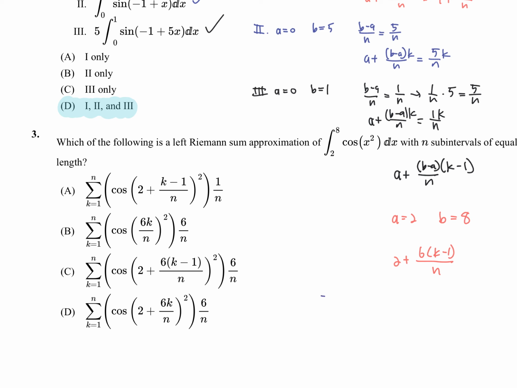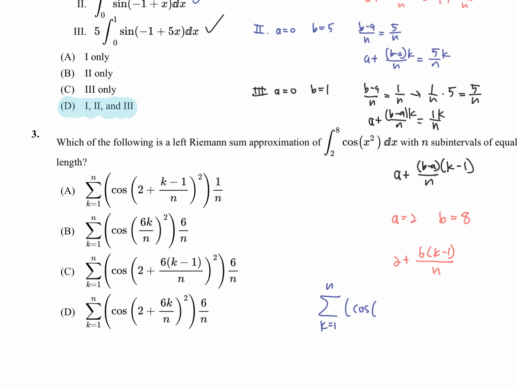So we just have the summation. We know that our function here is cosine. So we have cosine of, and then we know that we're going to be plugging this in for that x, which means we're going to be plugging it in and squaring it.